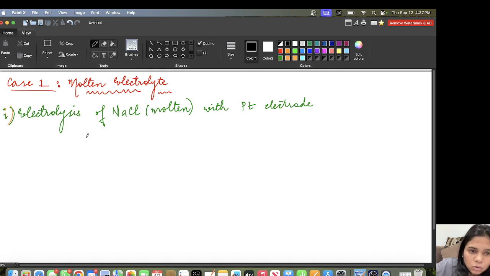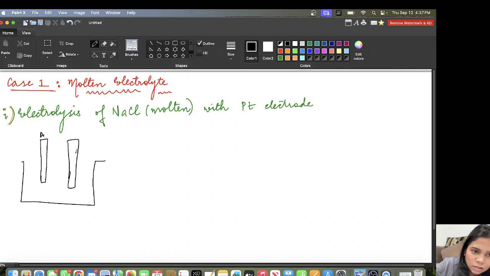Now what we are doing is taking NaCl in this electrolytic tank, and you have this anode and this cathode. Both are made of platinum since it's an inert electrode, and it's connected to a battery. Anode is positive here, cathode is negative here. You have added NaCl, which is getting broken down into Na plus and Cl minus because of electricity.